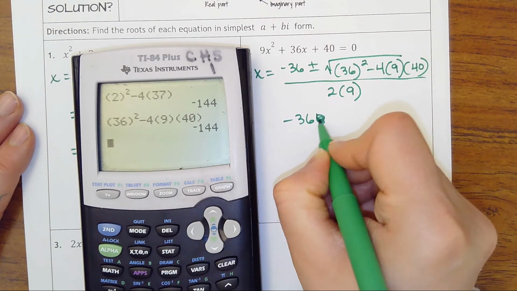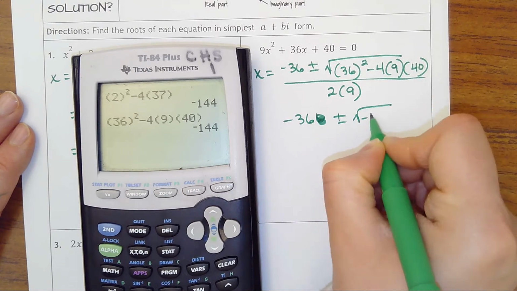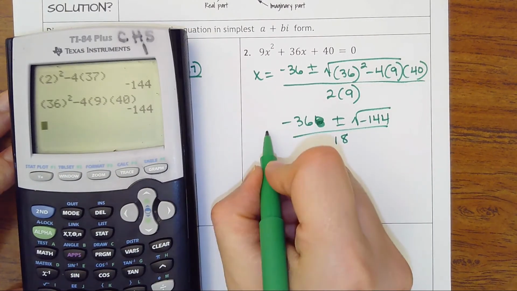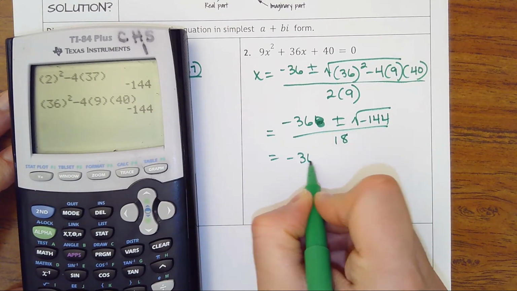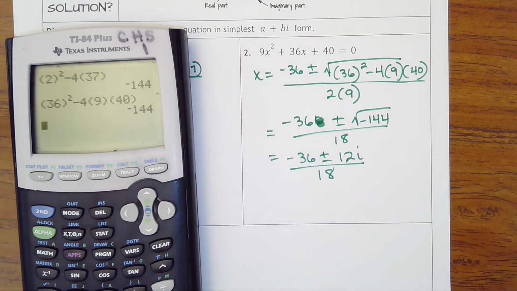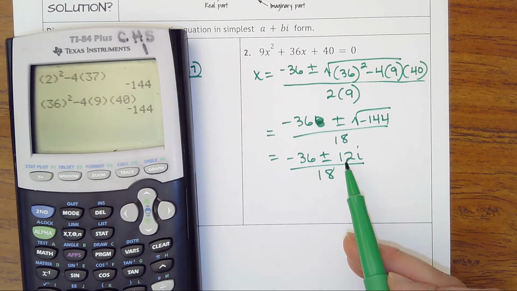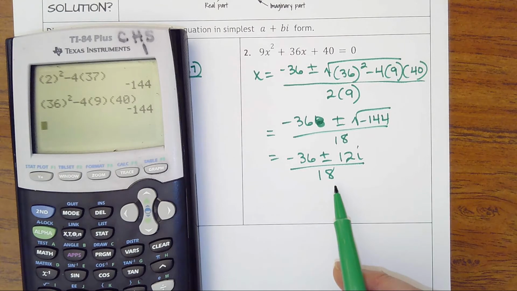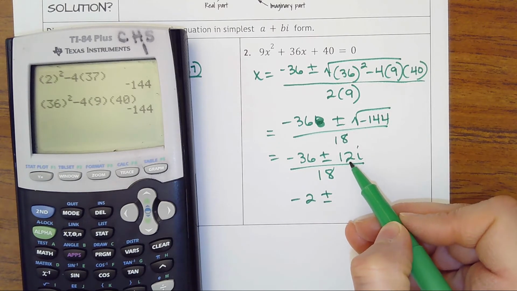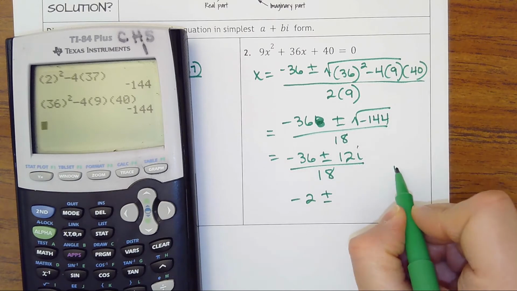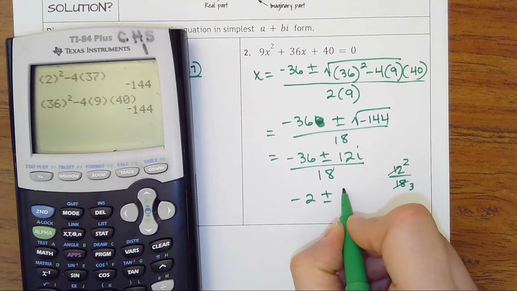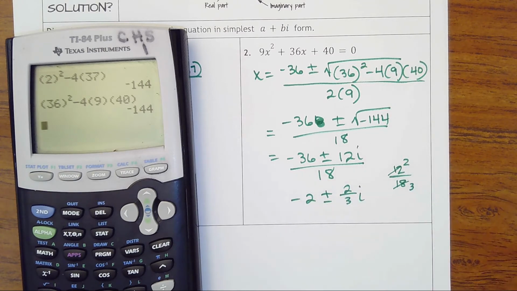Got negative 144 again, which becomes 12i over 18. 36 divided by 18, that's negative 2, plus or minus, but I need to simplify 12/18. Divide out a 6, so that'd be 2/3 i.